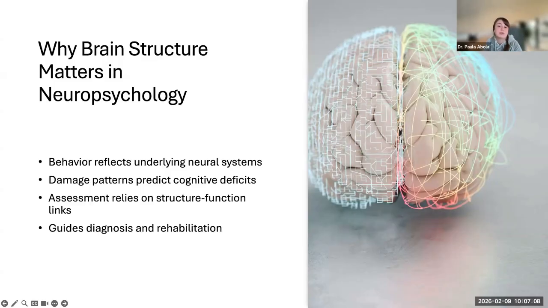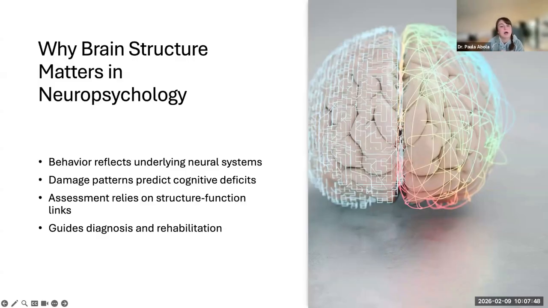When we observe a particular cognitive profile, for example, intact language with impaired executive functioning, or preserved intelligence alongside severe memory deficits, we're not simply labeling performance as good or bad. Instead, we're asking what this pattern tells us about the underlying neural systems. Maybe you already know different types of memory impairments point to different brain structures, just as different attentional deficits suggest involvement of distinct frontal or parietal networks.